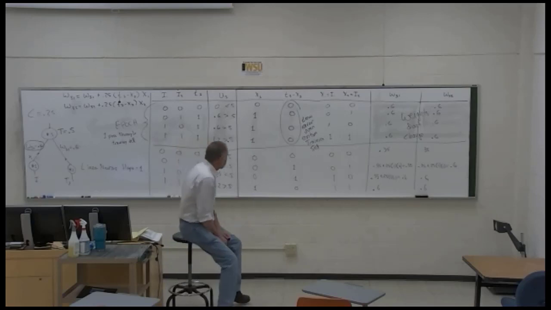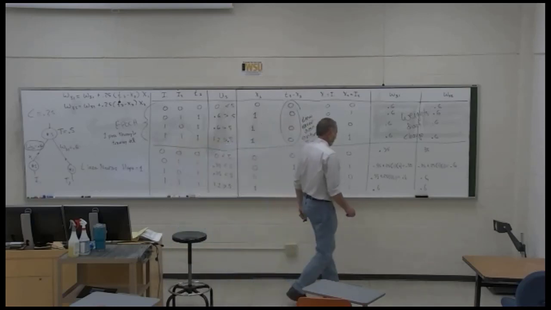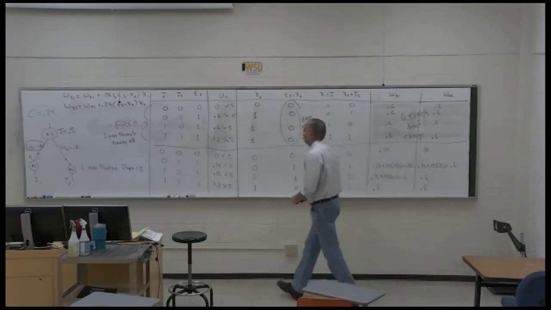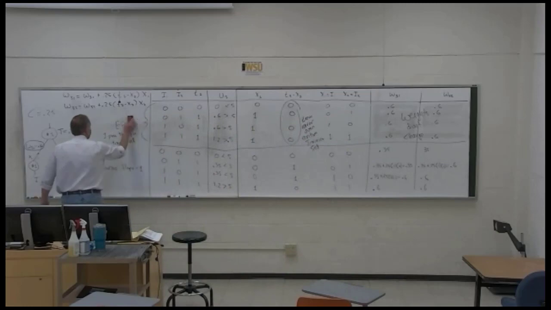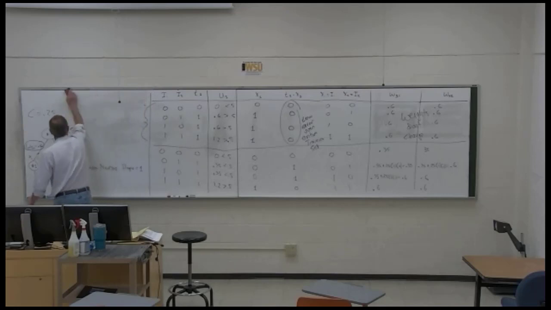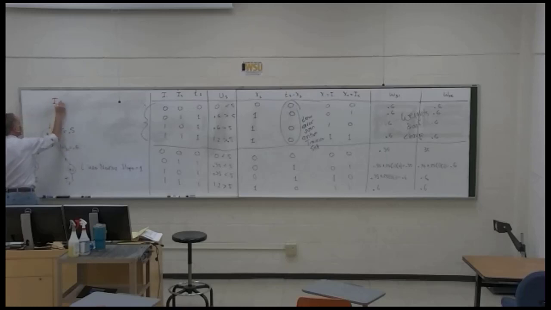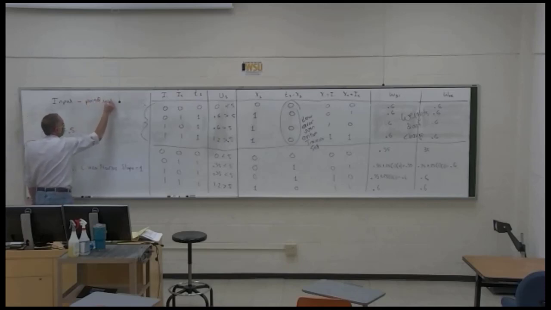So nomenclature: the input paired with the target is called a training pair for that reason. So the training set is comprised of training pairs. So the input paired with the target.